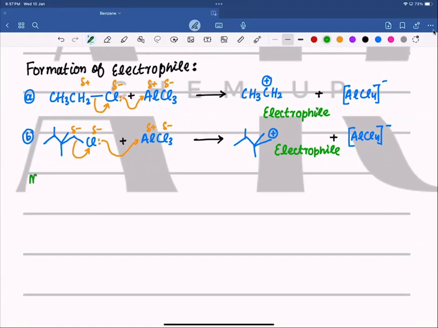Now, the mechanism for both of the reactions.